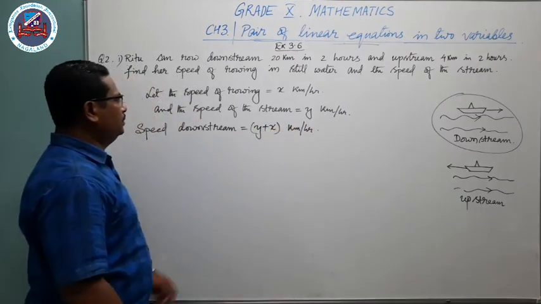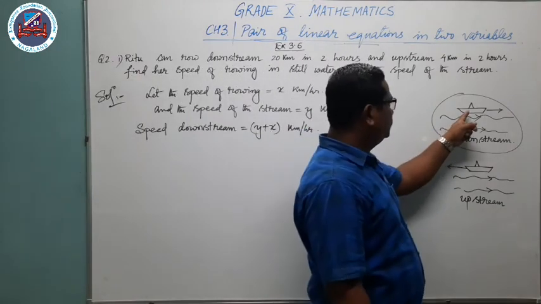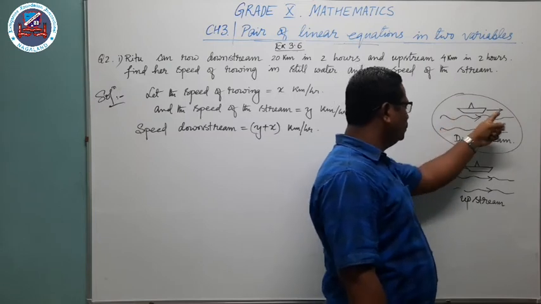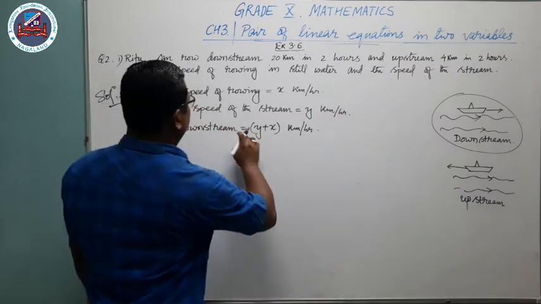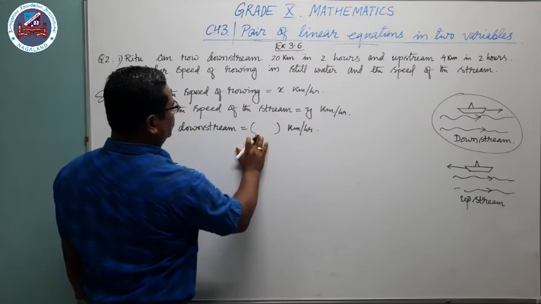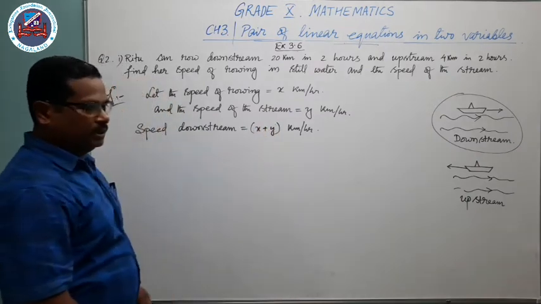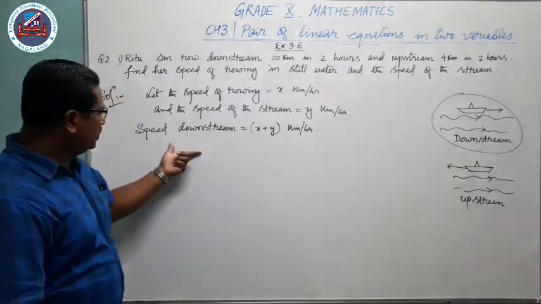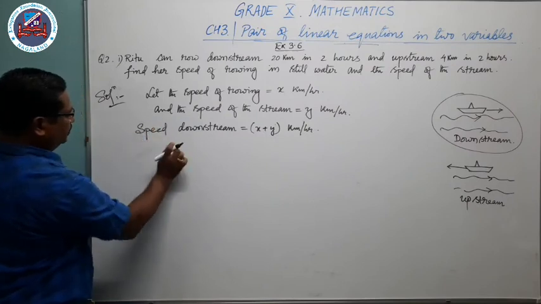Always try to follow this: the speed of the boat must be more than the speed of the stream. So always try to write the speed of the boat or the speed of rowing first, always x plus y. Actually, if you write x plus y or y plus x, it doesn't matter here. But for the next one, upstream, then it matters.